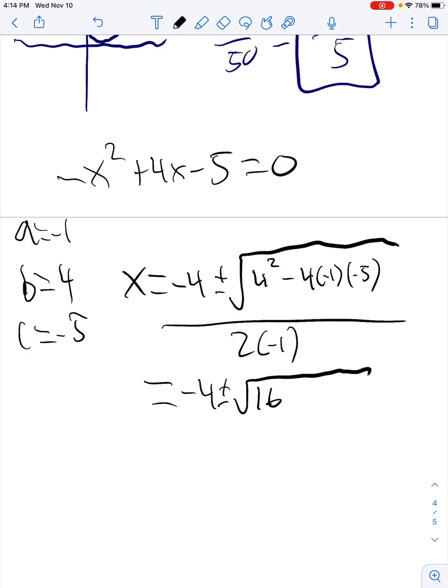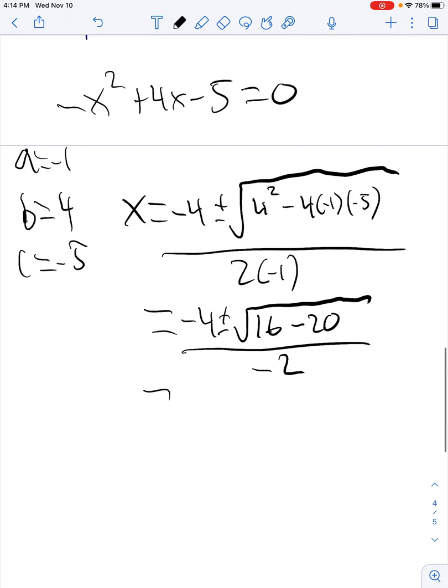So as we begin to simplify, negative 4 plus or minus 4 squared is 16. Negative 4 times negative 1 is positive 4, but positive 4 times negative 5 is negative 20. 2 times negative 1 is negative 2.